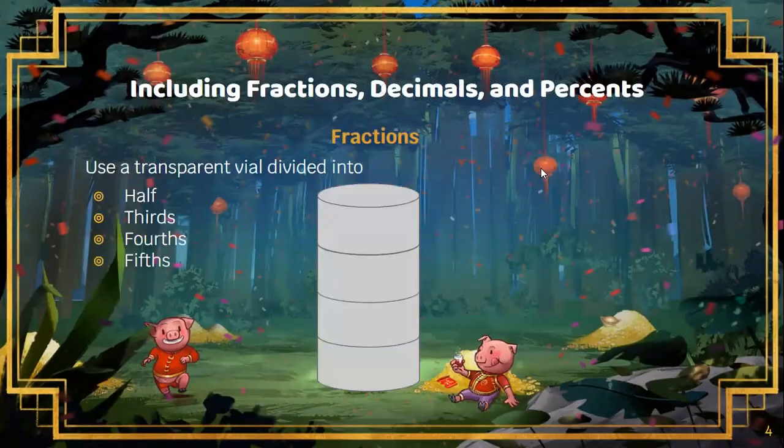And so what about including fractions, decimals, and percents? Well, we'll start with fractions. And so my idea for incorporating fractions into this wonderful activity is to get a hold of a transparent vial that is maybe made out of polystyrene or something that's plastic and easy to cut away if you want to cut it away, or instead of having to cut it away, you could pour it out of this container before it sets too long, and maybe you'll have a chance at getting it out.